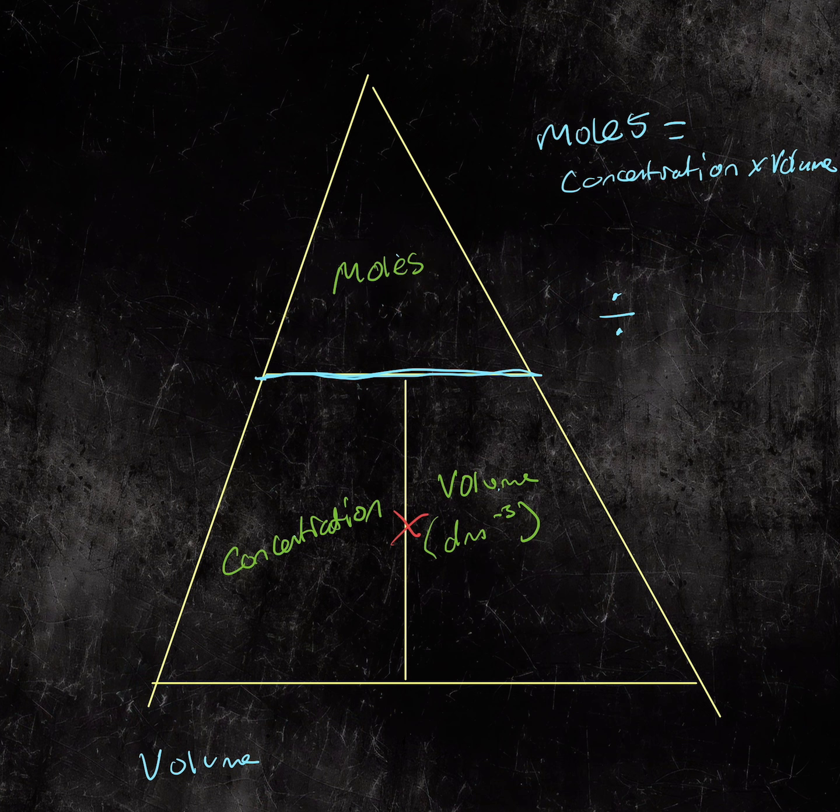So you don't need to worry about that anymore. You can cover that volume up with your hand or just pretend it's not there. So volume isn't there anymore, so you've just got these two. It's moles divided by concentration, because moles is at the top, concentration's at the bottom, and this blue line in between is a division, and volume's gone, so it's the only thing it can be. So volume equals moles over concentration.